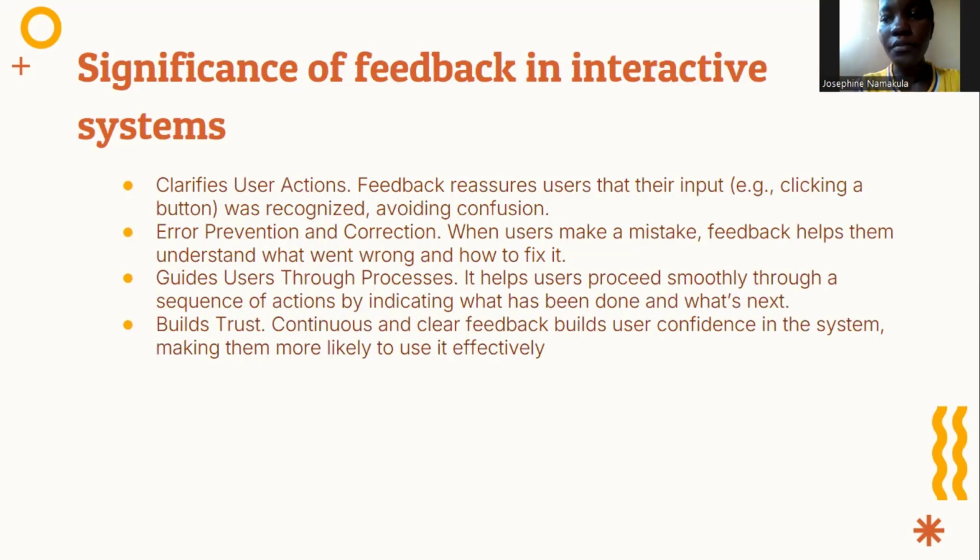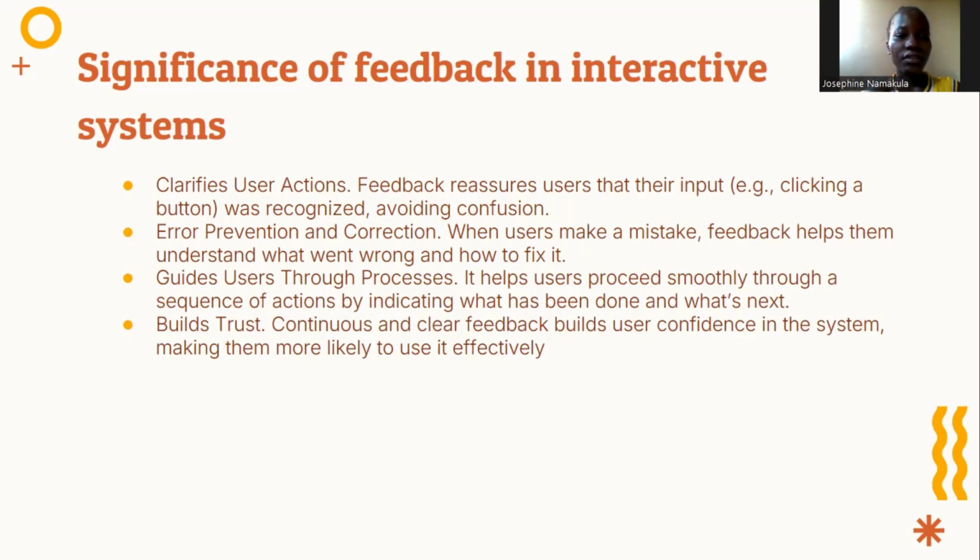So first of all, I'm starting with the significance of feedback in interaction systems. It clarifies user actions, where feedback reassures users that their input, like clicking a button, was recognized, avoiding confusion. There is error prevention and correction. When users make a mistake, feedback helps them understand what went wrong and how to fix it.